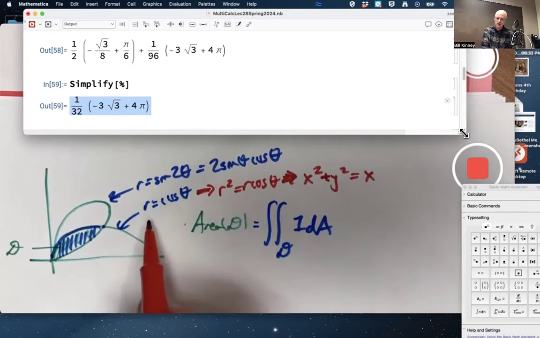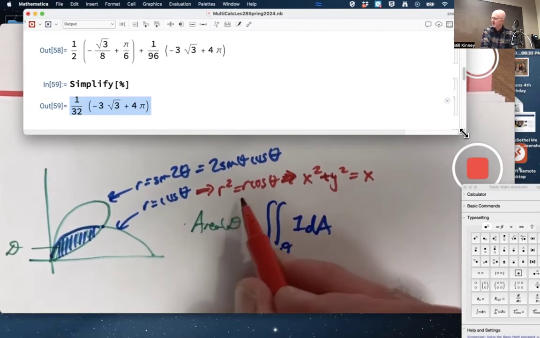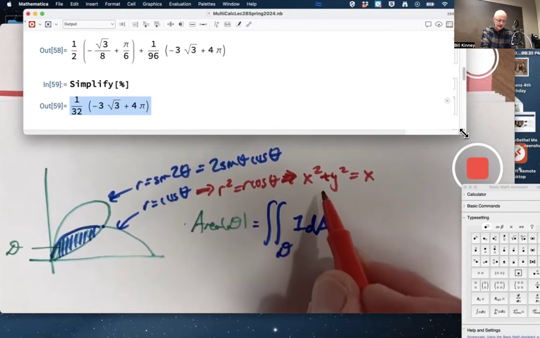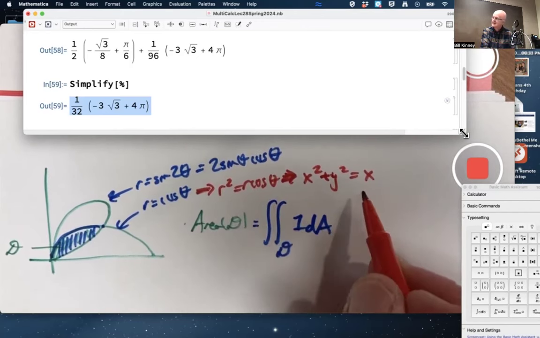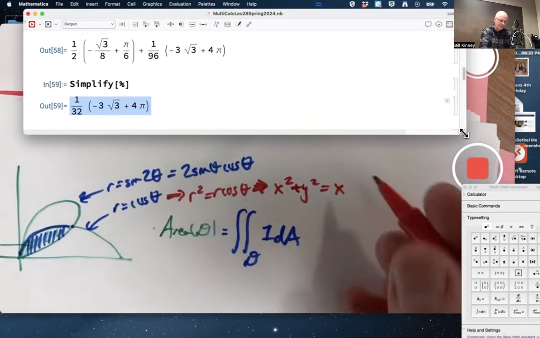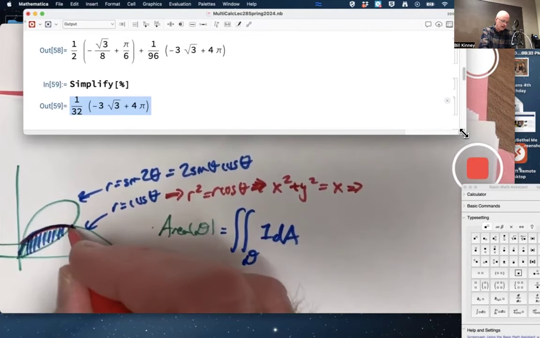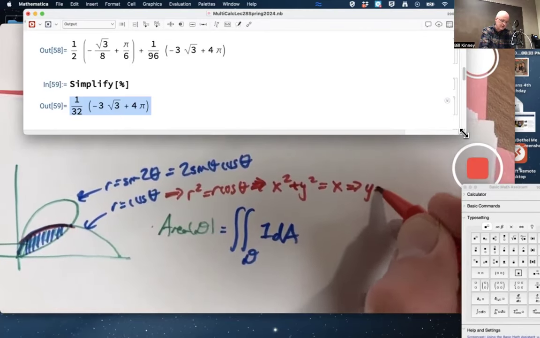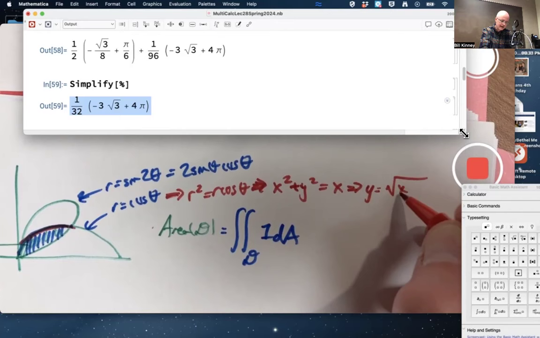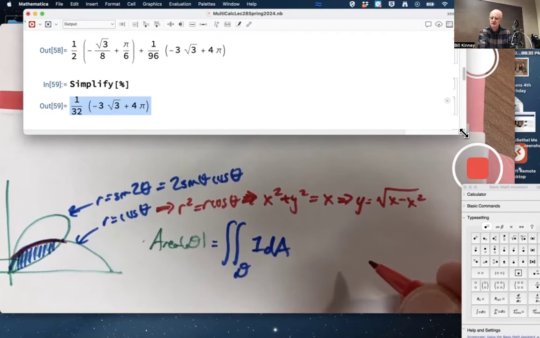Taking the starting polar equation and converting it to rectangular, doing a little trick, multiplying both sides by r first. That is the same as x squared plus y squared. This is the same as x. And then if I'm going to write that as a function of x, I need to solve for y. So it looks like that upper curve, this one here, is y equals square root of x minus x squared as a function of x.